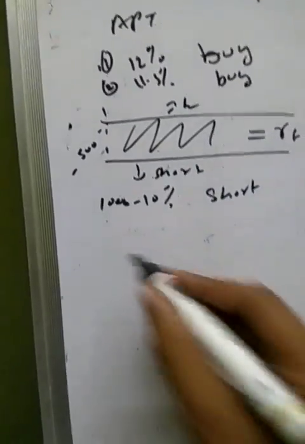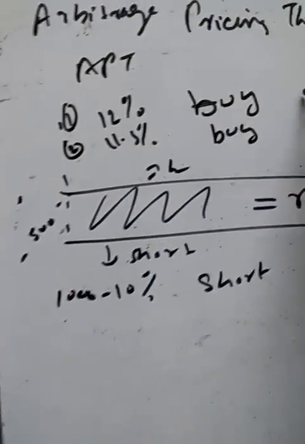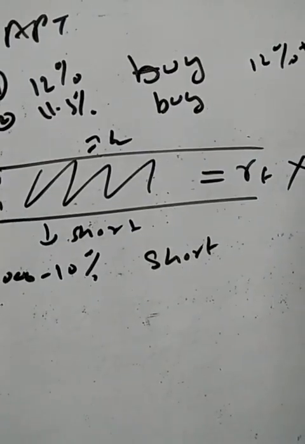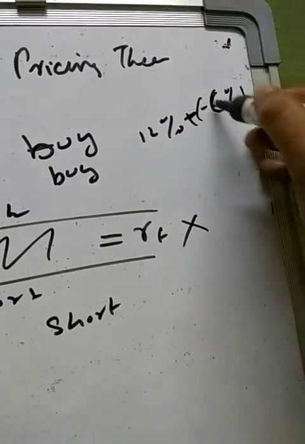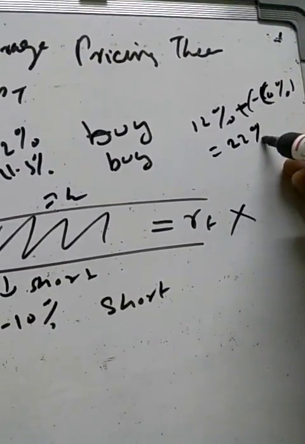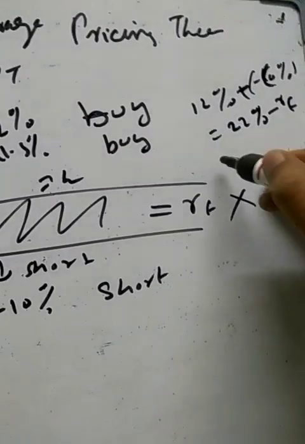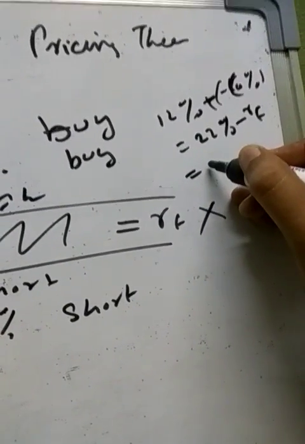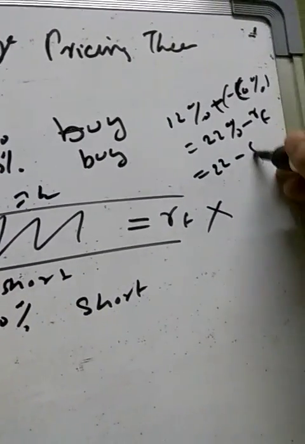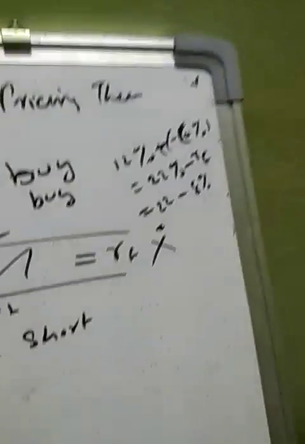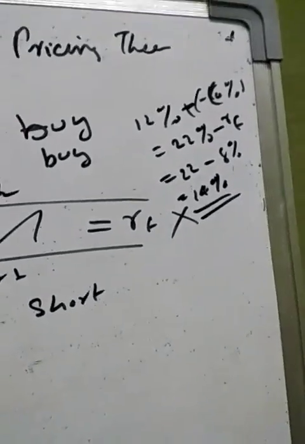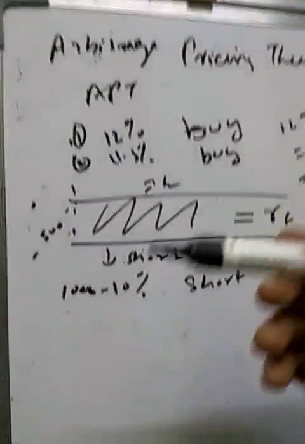So we are expecting this to give 12%, and we are expecting the short side to give minus 10, and since we are short, minus of minus 10% is plus 10%, so 22%. And minus risk-free. Suppose risk-free is 8%, 22 minus 8%, 14% is the answer. So we are expected to get 14% by arbitraging this.